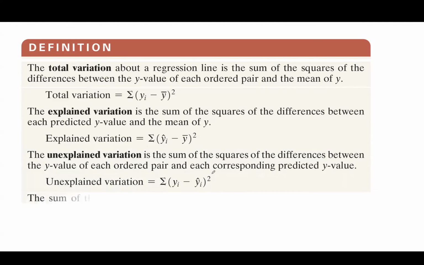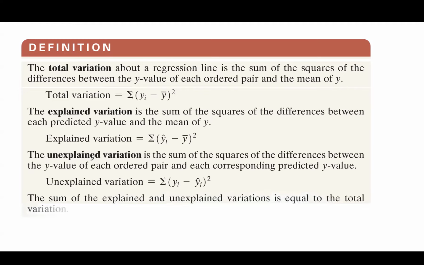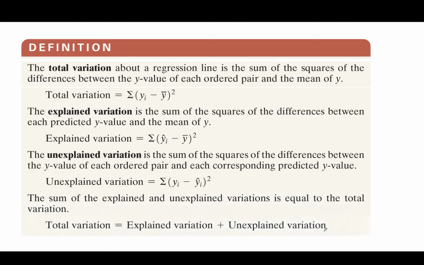And as we mentioned before, the sum of explained variation and unexplained variation gives you the total variation. In summary, total variation is the summation of explained variation and unexplained variation.